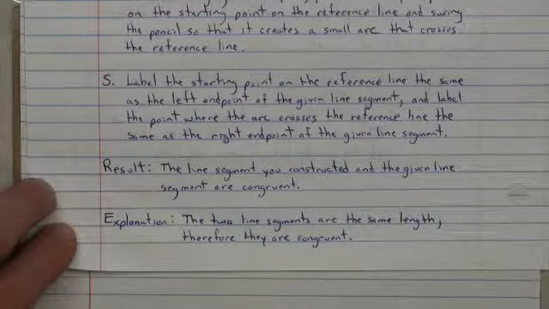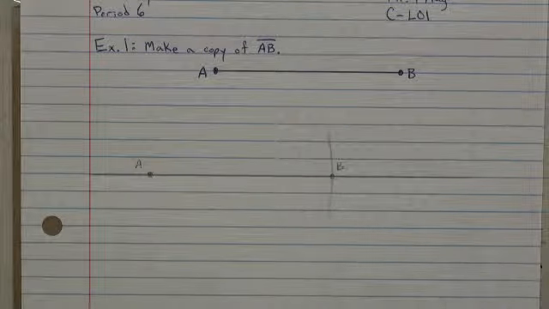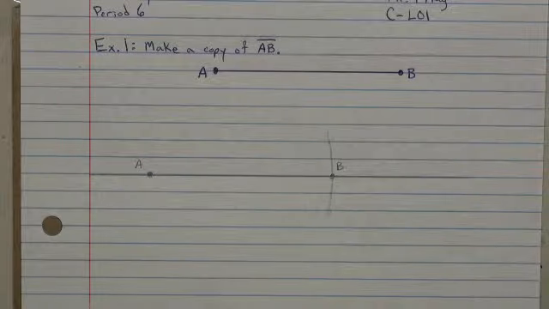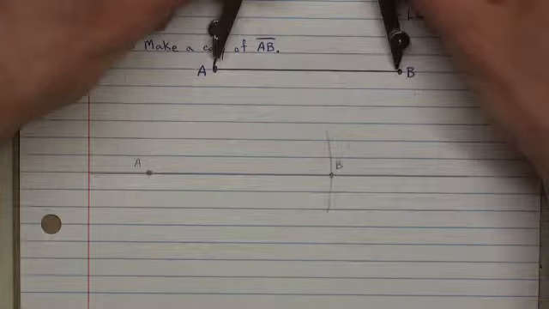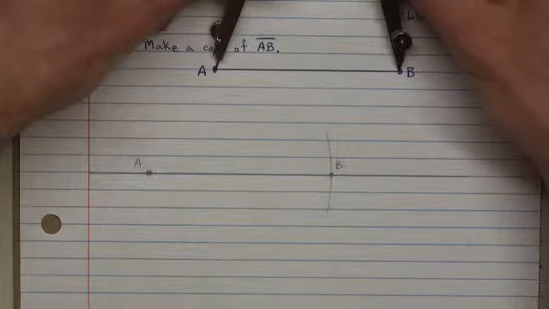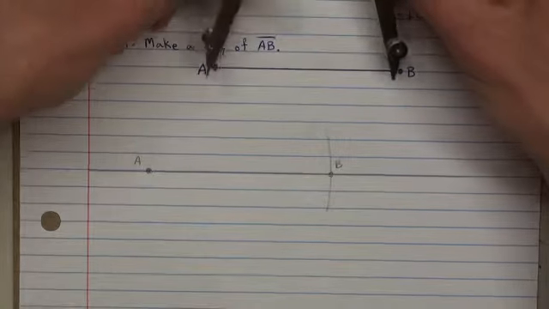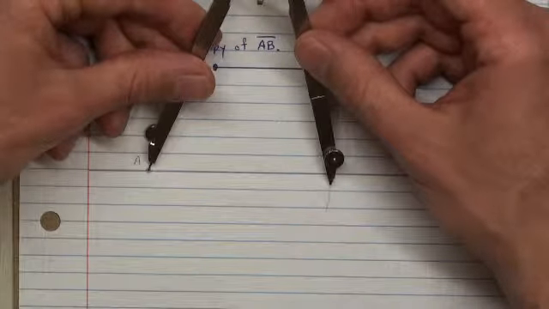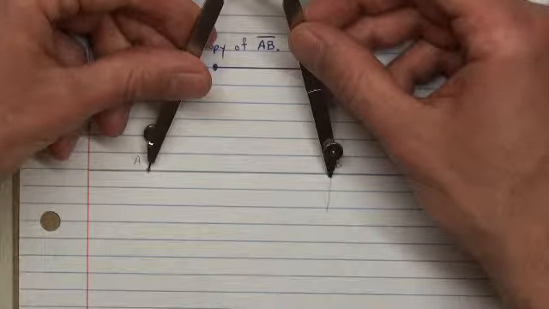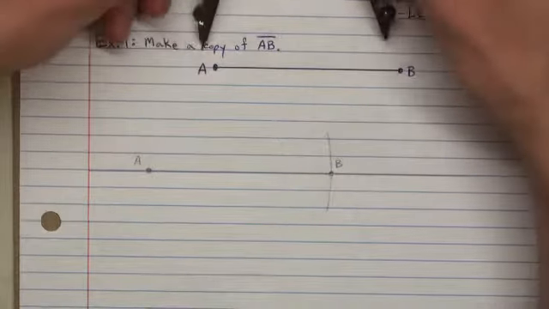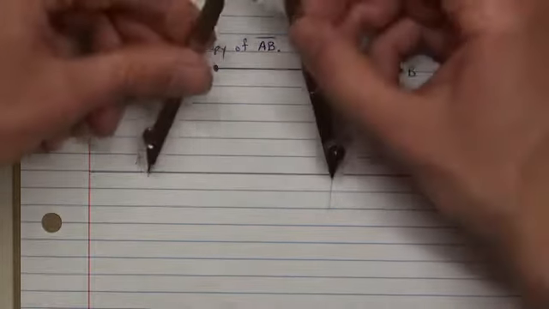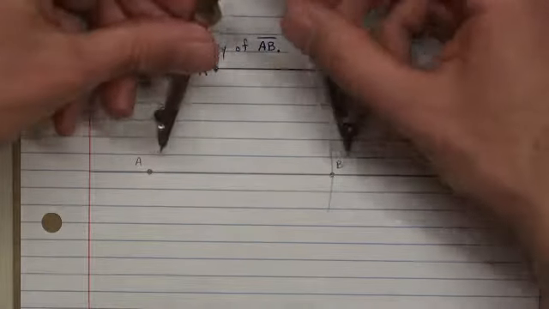Therefore, they're congruent. Because any two line segments that are the same length are congruent. And we know they're the same length because remember with the compass, we opened the compass up, so the distance from A to B is the width of this compass. And when I put it on to A and B here, it's the same width or distance from A to B on this reference line. So that's how I know they're the same length. So therefore, I know that they're congruent.